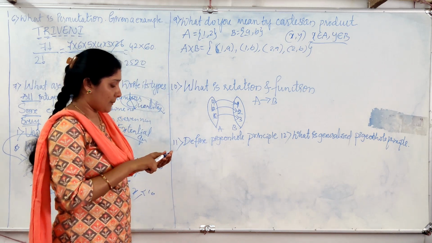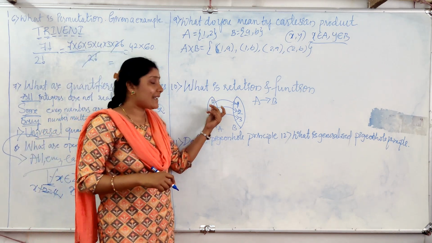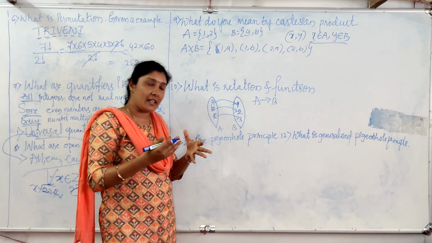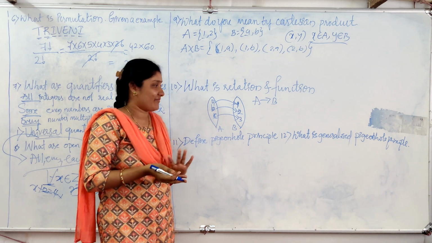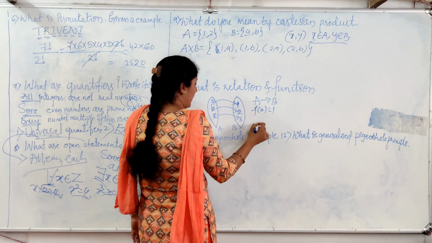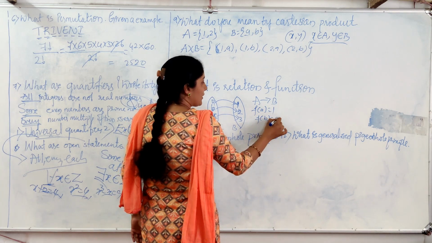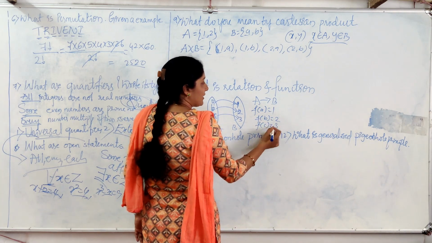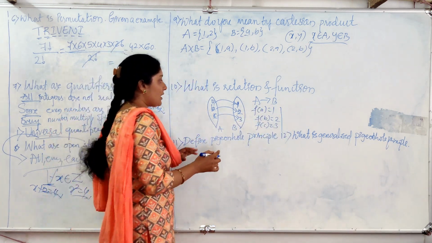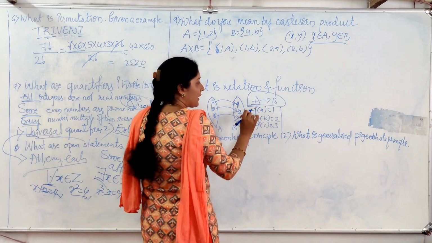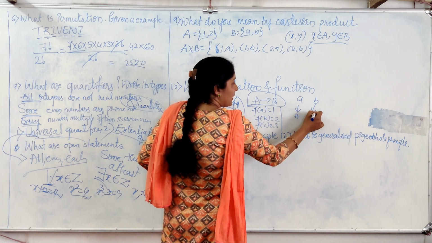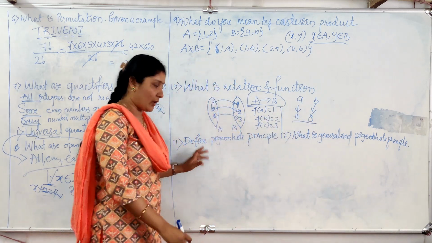A relation is nothing but the ordered pairs of sets A and B which indicate the relation between the sets. For example, f of a is 1, f of b is 2, f of c is 3, like that. This is called a relation. A function, as usual, is a relation from A to B in which each a in A is associated with a b in B.